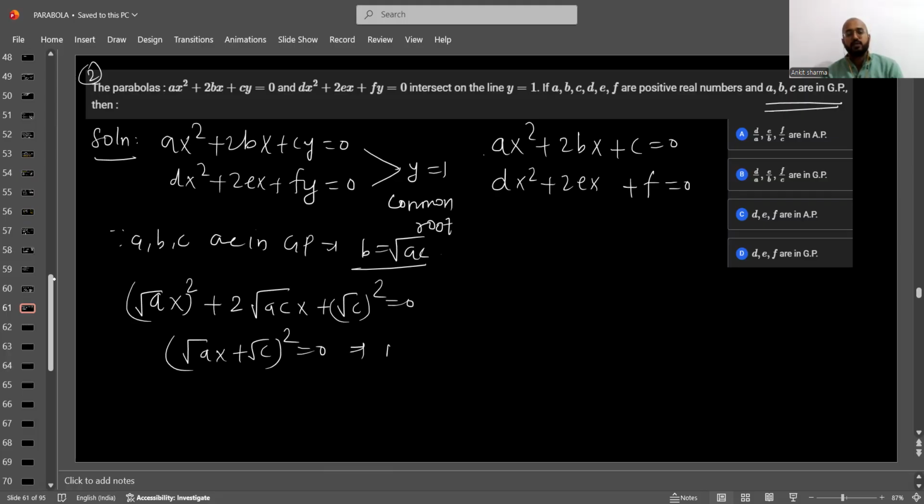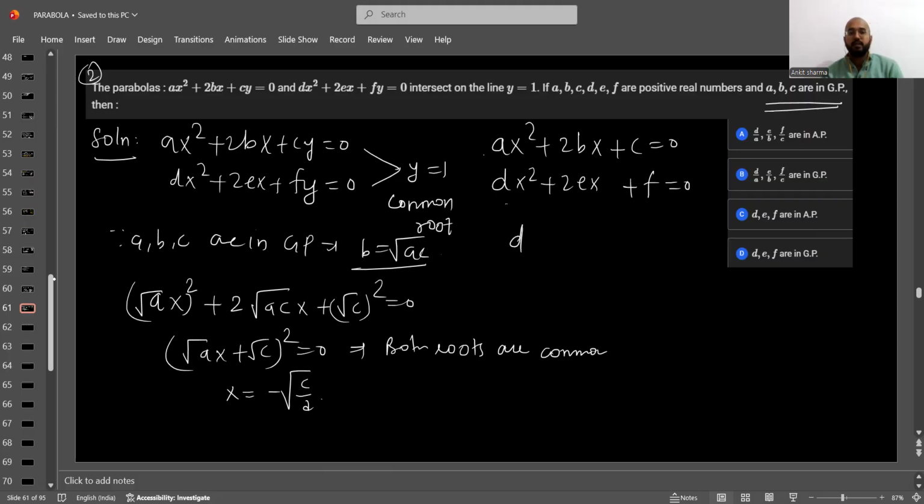Whole square 0 means both roots are common, and it has only one root, that is x equal to minus root C over root A. So this is a root, then it should satisfy this equation also because both the roots are common.